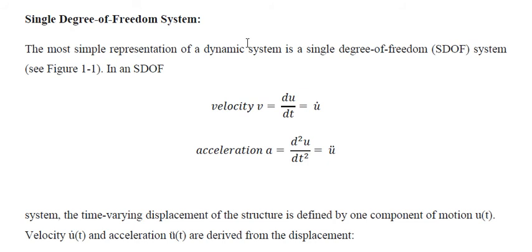So there are different types of systems based on degrees of freedom. I am not talking about degrees of freedom at a particular node. I am talking about degrees of freedom of an entire system. If there is a multi-degree of freedom system, we have to take multiple nodes. If it is a single degree of freedom system, it is enough if we take 2 nodes.